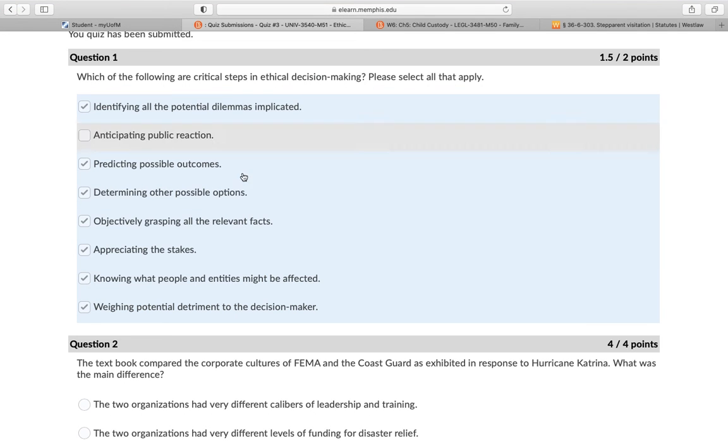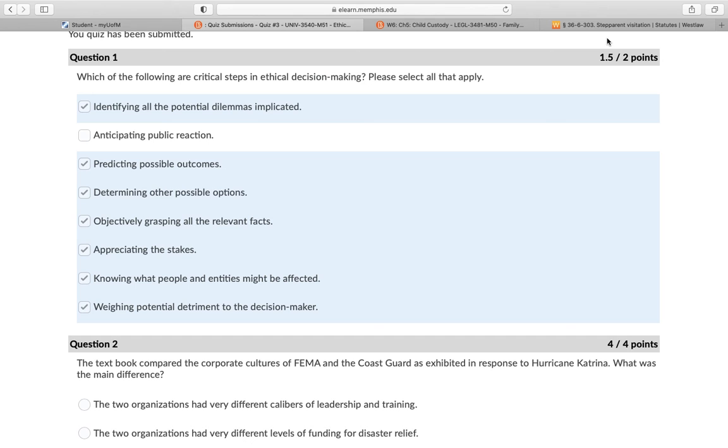So these are the answers that I chose, and I got a 1.5 out of 2, which is not bad, I guess. But I still did not get all of the maximum points.